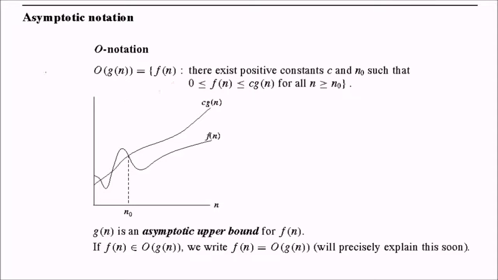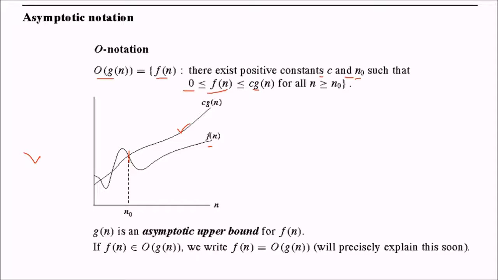Asymptotic notation, first is big O. Big O of gn is the set of functions fn such that there exist some positive constants c and n0 such that the function lies between 0 and c times gn, c is some constant, and all these n we are talking about are greater than or equal to n0. What this diagram shows is the function fn, and this is cgn, c times gn, and this function fn lies below this cgn.